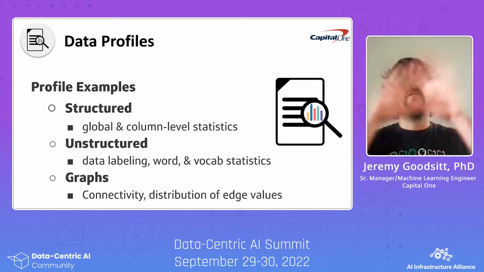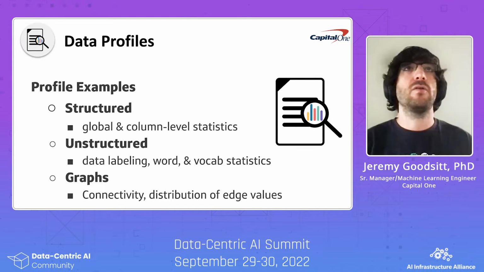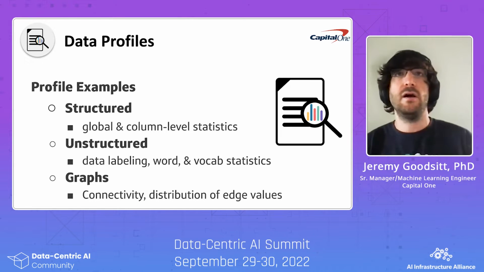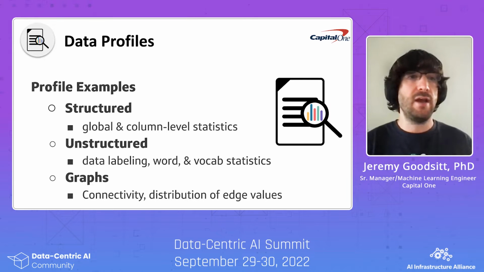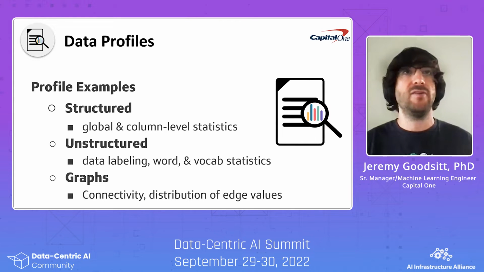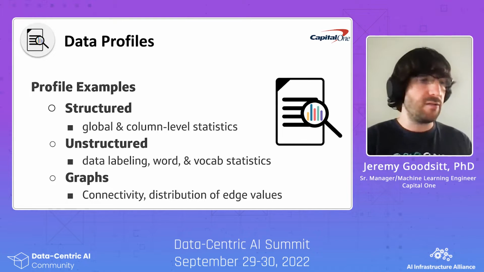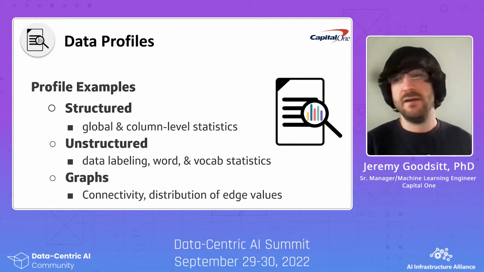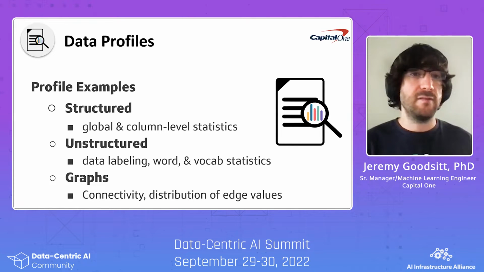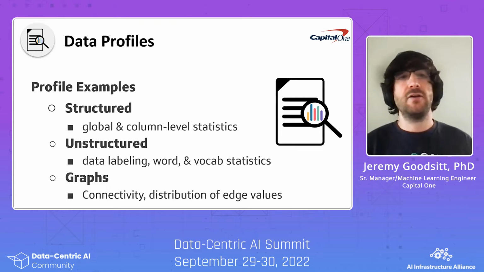You can have your overall cross-column or cross-dictionary or entry-specific piece of information. You can have, within columns of a data set if it's tabular, you can look at within that column what those specific statistics look like: means, mins, maxes. You could look at the different categories that exist.